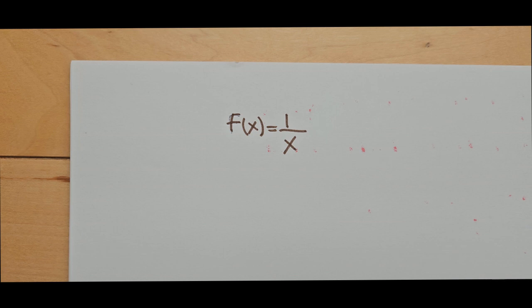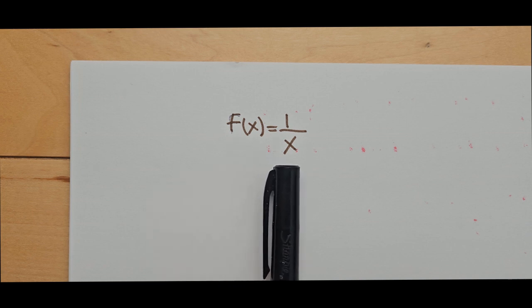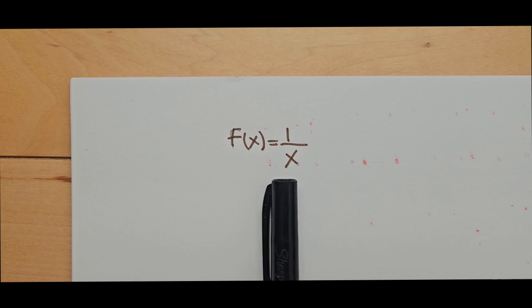For instance, consider the function f of x equals 1 over x. We know that when we have a fraction, the denominator can never be 0. In other words, we can never divide by 0. So here, our domain cannot include the value 0. However, all the other values can be plugged in and the function can be defined for them.